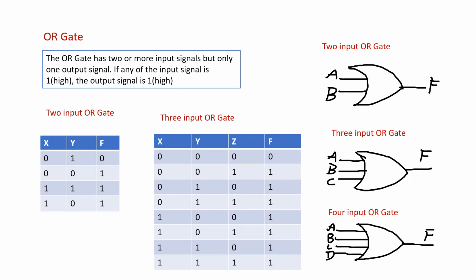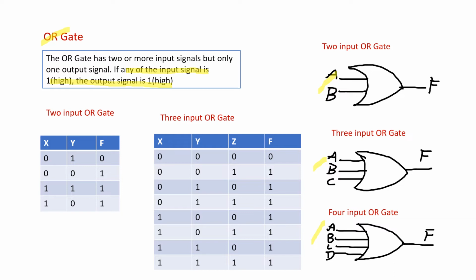Now let us look at the OR gate. The symbol for the OR gate is given here. The OR gate takes two or more input signals and produces only one output signal. And if either one input signal is 1, the output it produces is 1. And we can see that there is a 2 input OR gate, 3 input OR gate, and 4 input OR gate.